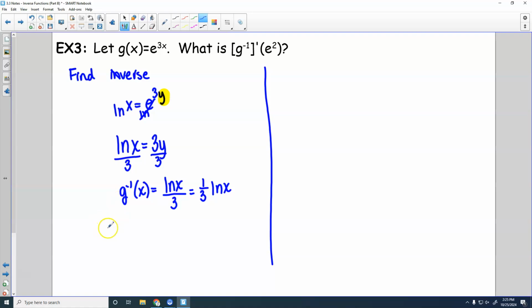So if I want to take the derivative of this, so g inverse prime, the notation gets kind of ugly there, but just put it in some brackets, put a little prime there to show you're taking the derivative. The 1/3 is just a coefficient. What is the derivative of natural log of x? 1 over x. Okay, so we will just get 1 over 3x.